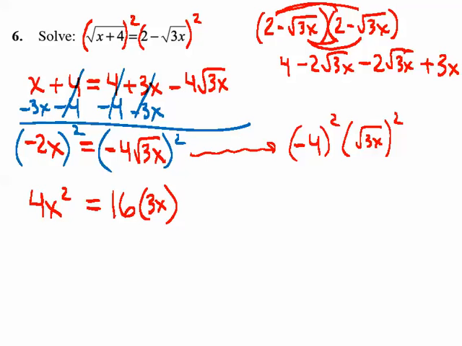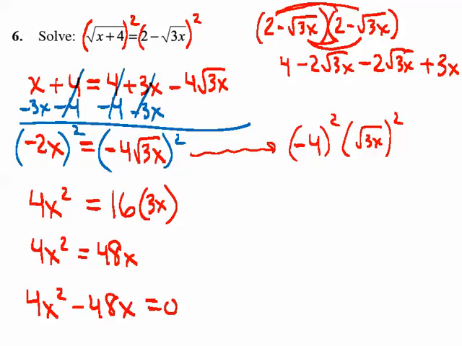Now I just need to finish it off. Let's see, multiplying the 6 and the 18 makes 48. And again, once you see an x squared, you also see an x. Move things over. Set equal to 0. And you are going to have to factor.